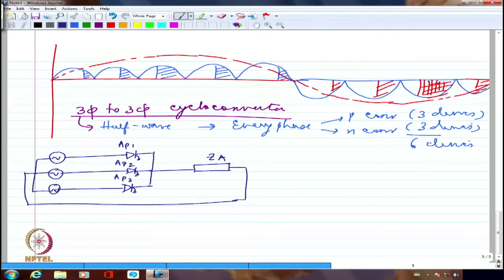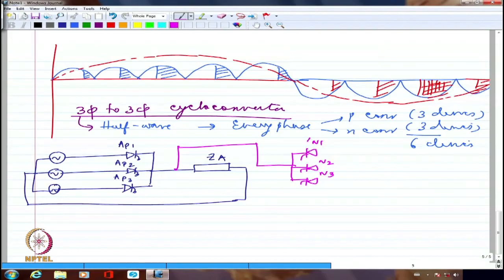So I have to show N converter again. So I may show something like this. Right? So these are the 3 terminals and I am going to connect this here and I can call this as N1, N2, N3 for A phase. Right? So this has to be connected here. So I have to connect this.